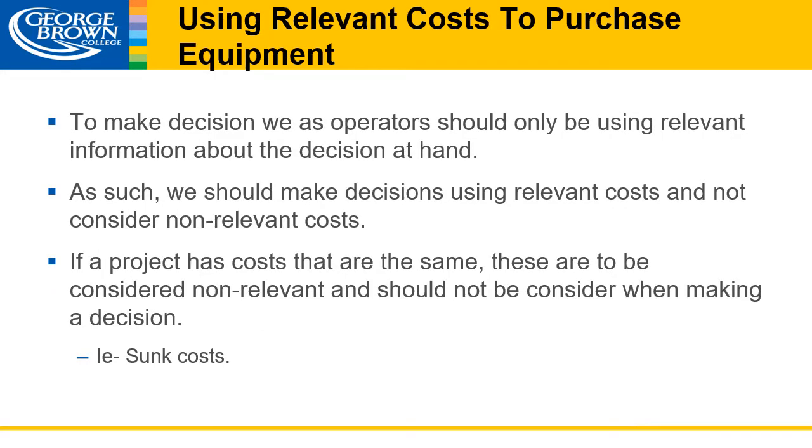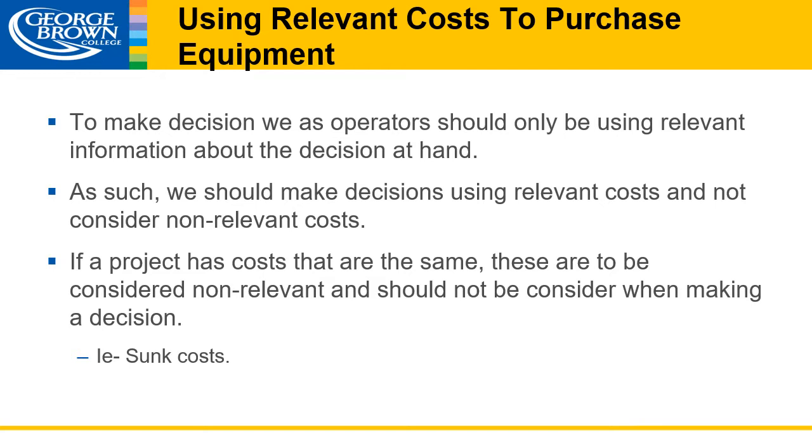So now we're going to talk about using relevant costs to make purchasing decisions. Okay, in our example here, we're going to use equipment. So the various equipment that you could be purchasing: walk-in fridges, walk-in freezers, line equipment like cold, hot drops, things like that.